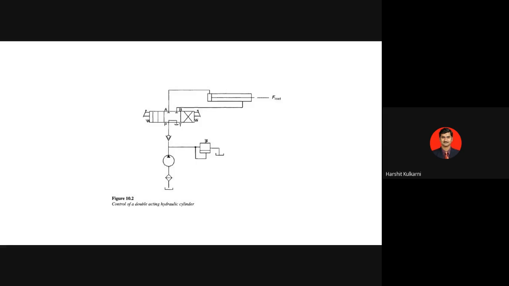If yes, how? If no, why? Getting the question? This same DCV that you see in the double acting cylinder circuit, can I use this in a single acting cylinder? If yes, how? If no, why? I hope you're understanding the question.